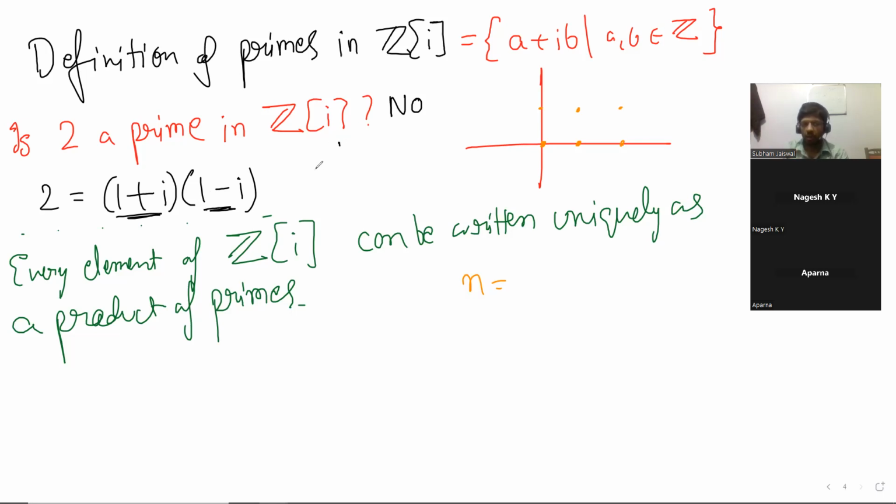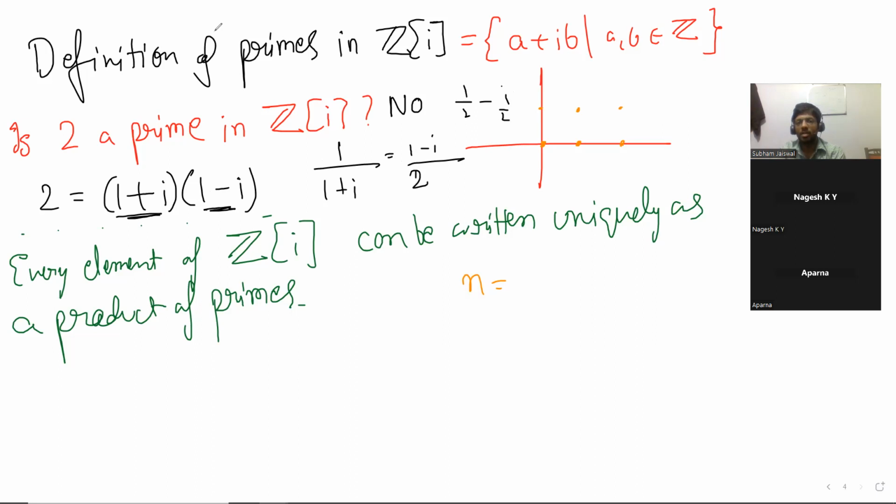So you cannot do 1 by this, it is not in Zi, right? Because what is this? This is 2 over 1 minus i, so it is half minus half i. That does not work, it's not in Zi. Half is not allowed, we want integer coordinates.